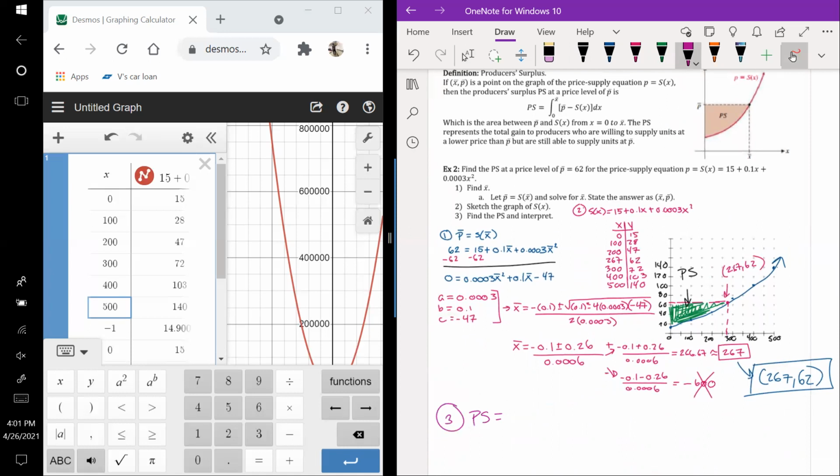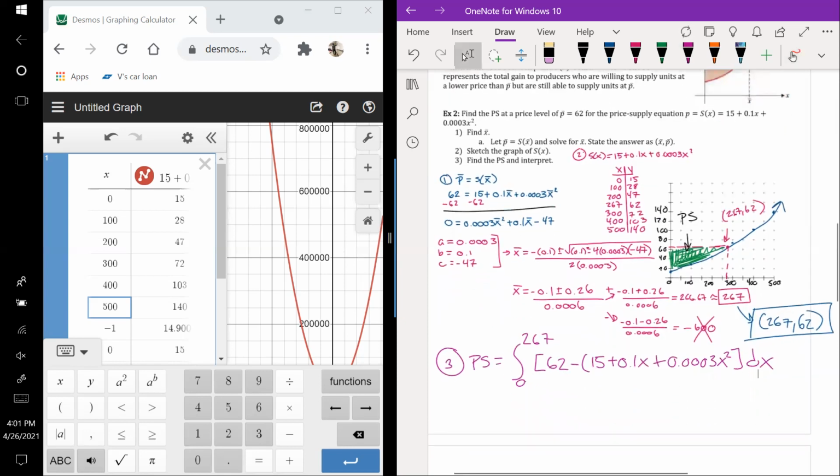Producer surplus is the integral from 0 to 267 of P bar, which is 62, minus S of X, make sure to put it in parentheses, 15 plus 0.1x plus 0.0003x squared dx.